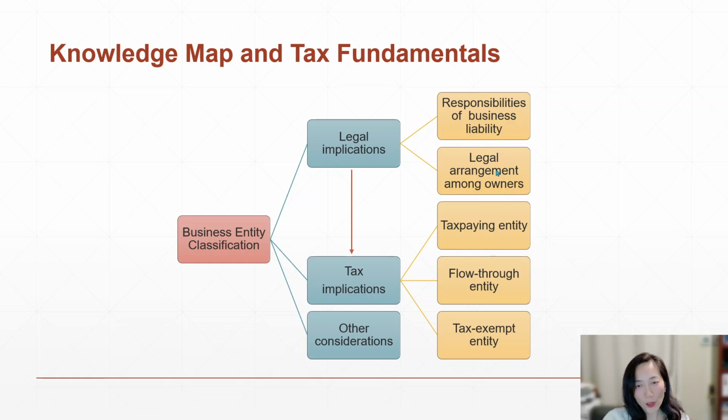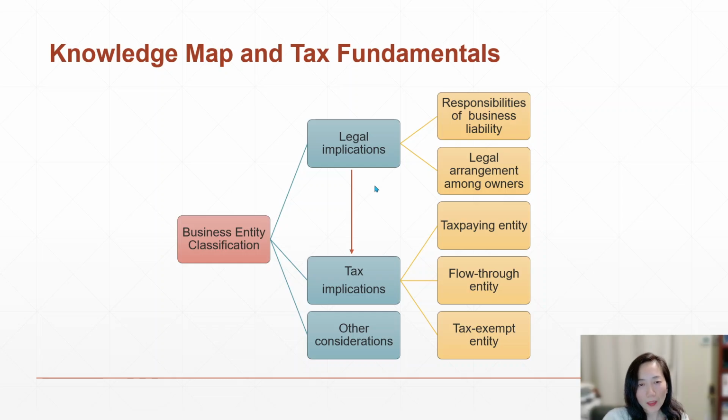Any legal arrangement among owners, and how the profit is allocated, and how the dividend is paid, and how the distribution is made, and all those legal issues. And the tax implication is something, of course, for a taxation course, we're going to focus on more. But notice the legal implication a lot of times leads to the tax implication, because those two go hand in hand.